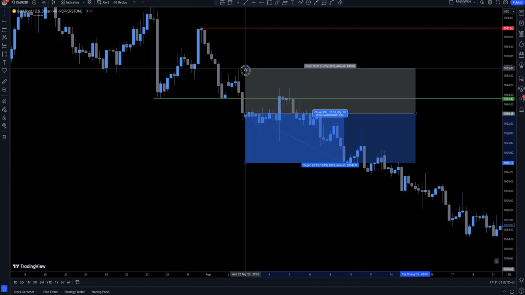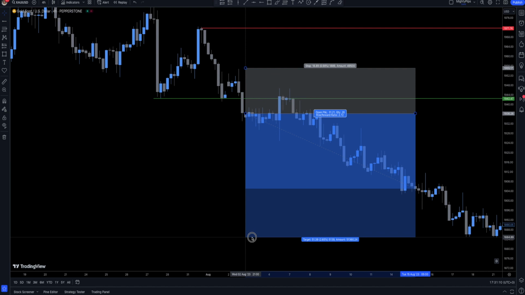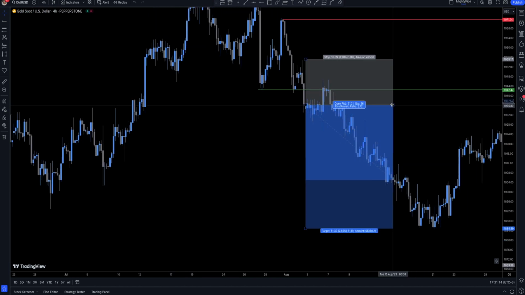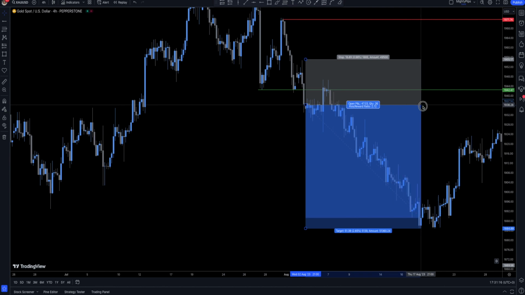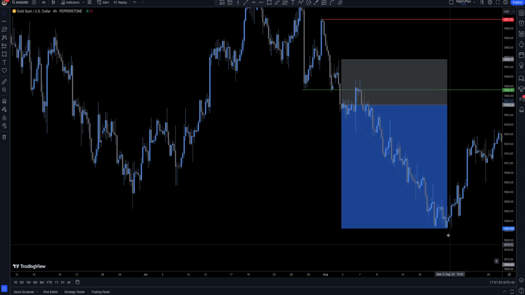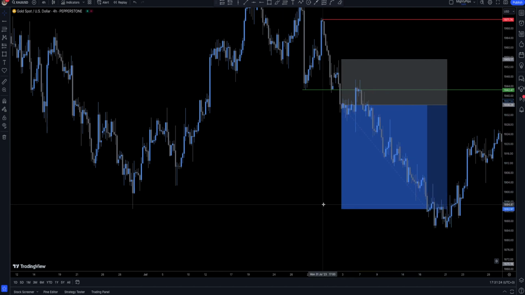So you can put your stop loss just above that high, and then you can place your target, 1 to 2, 1 to 3, whatever you want. But I advise you to take a 1 to 2, because you'll have a better win rate with a 1 to 2.